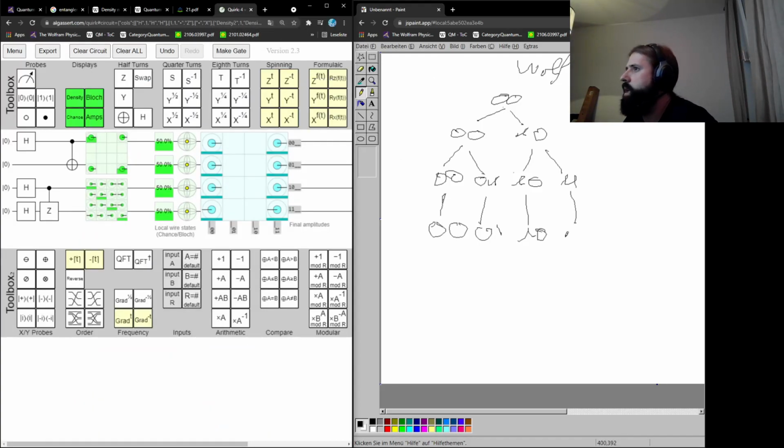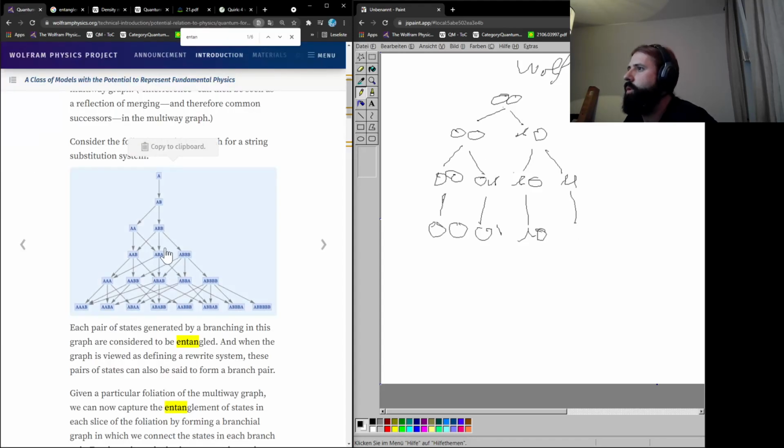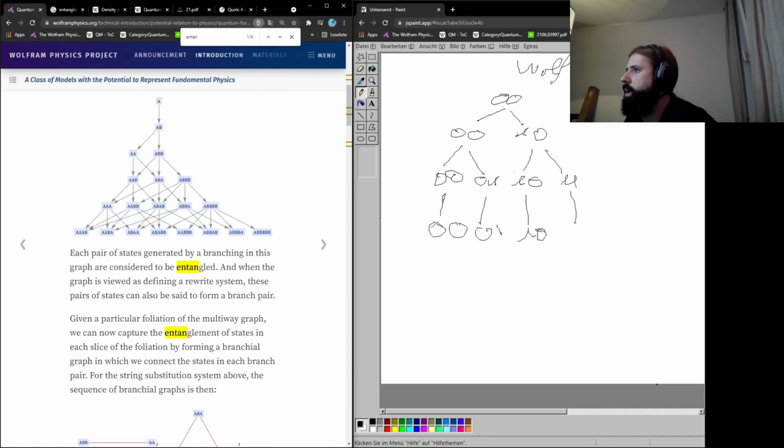Because I don't know where the amplitude would be stored in here, right? Because that's all fine, but if this is a basis state, where's the amplitude stored?